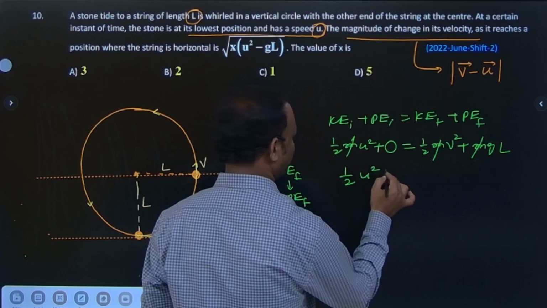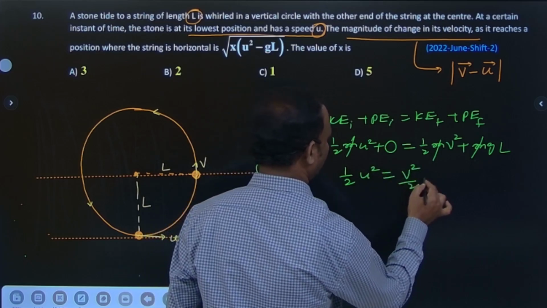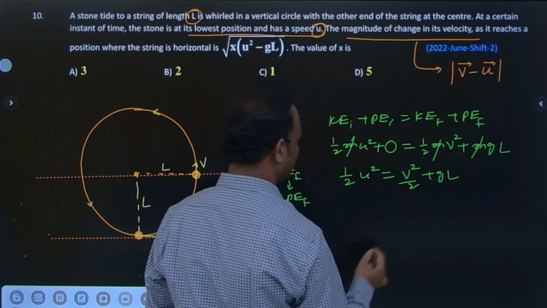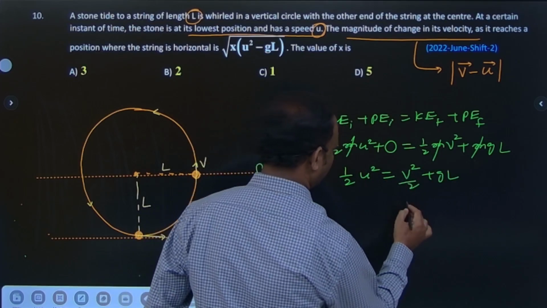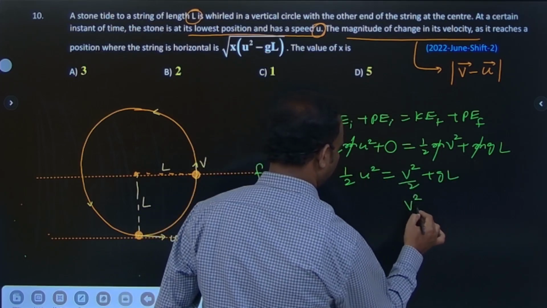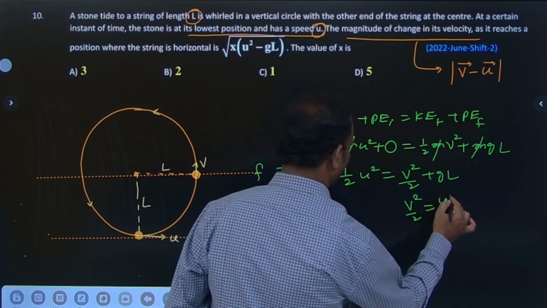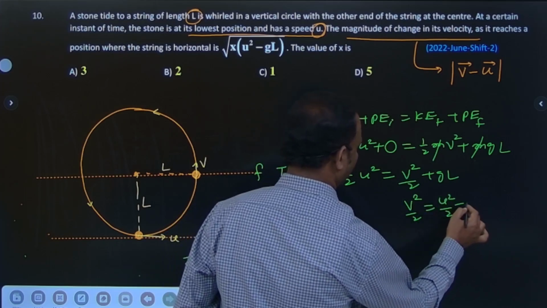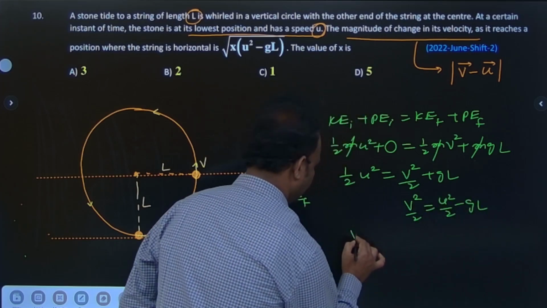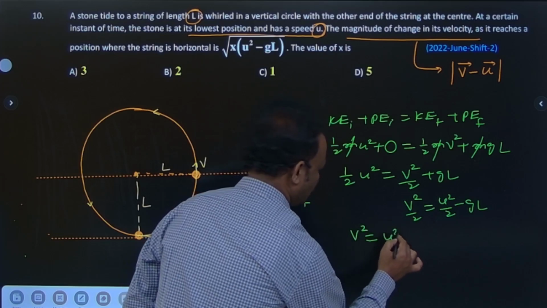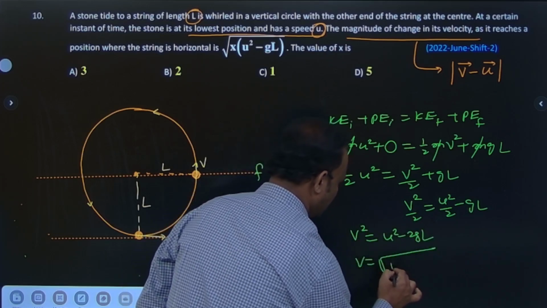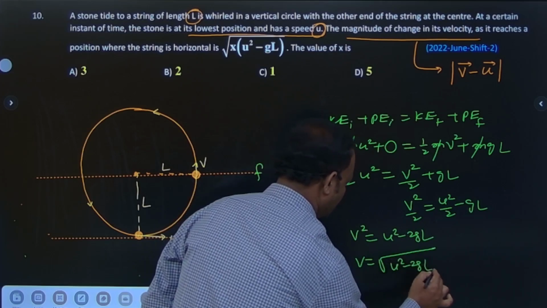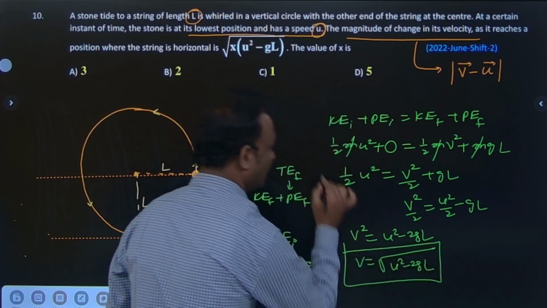Half u square equals v square by 2 plus g into L. So v square by 2 equals u square by 2 minus gL, and v square equals u square minus 2gL. V is the square root of u square minus 2gL, the final velocity.